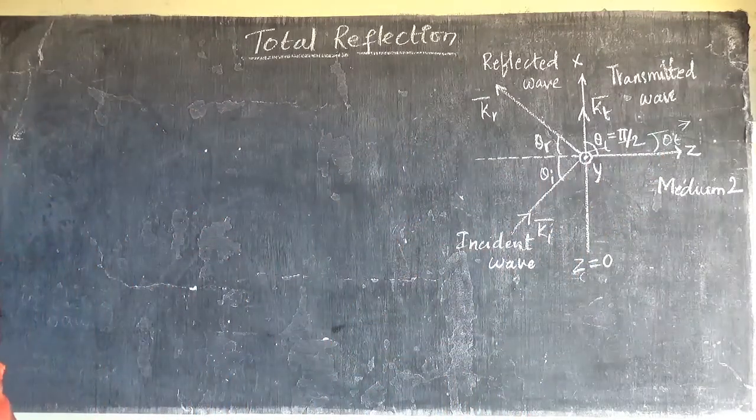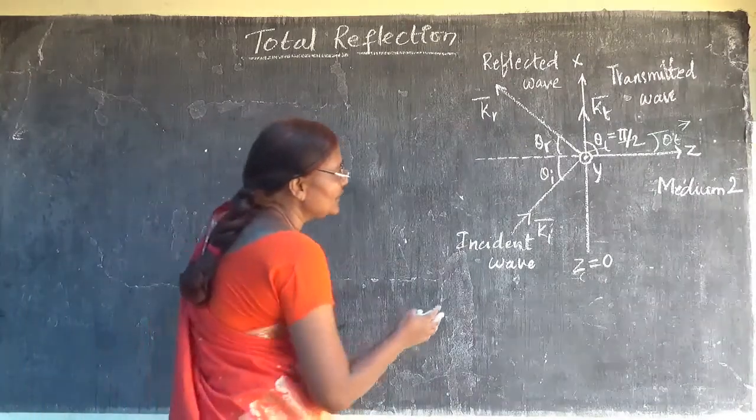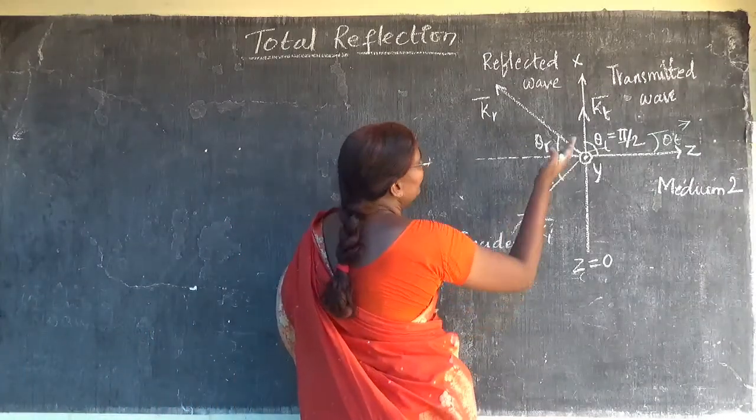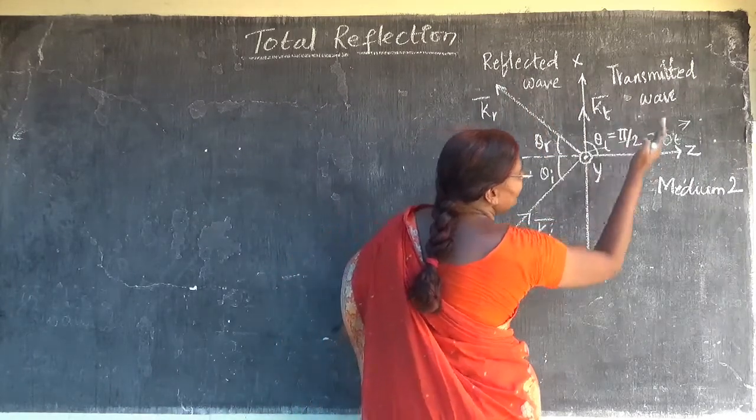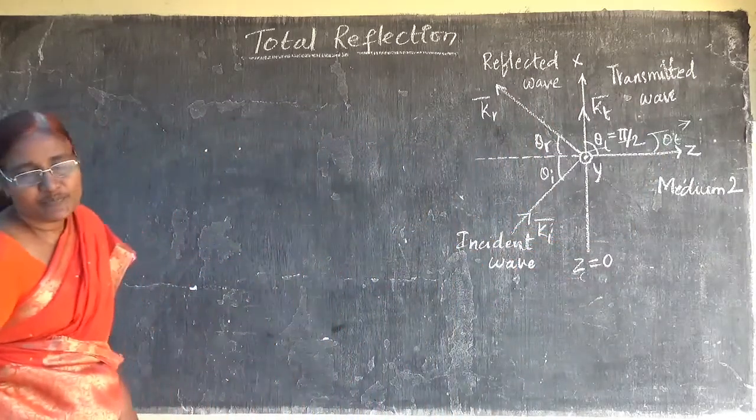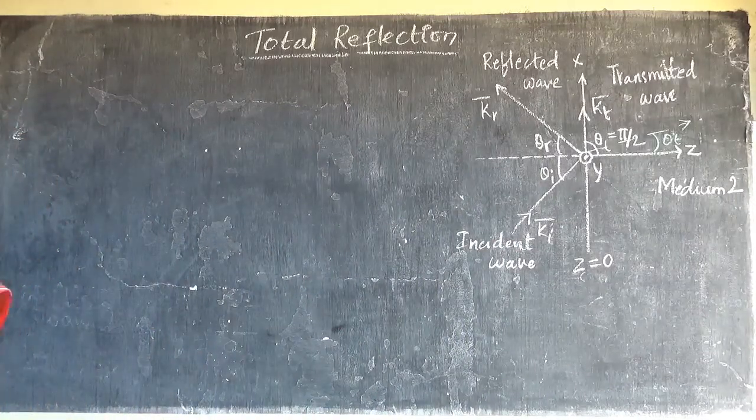Now suppose medium 1 is denser than medium 2. Denser means thick.